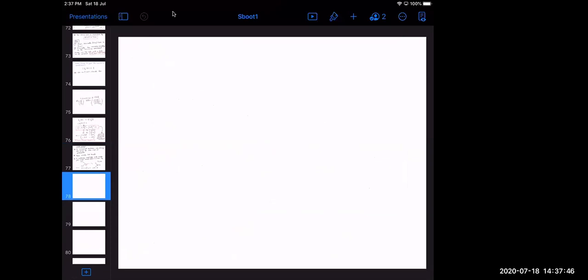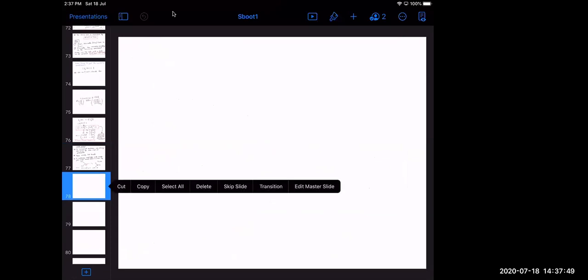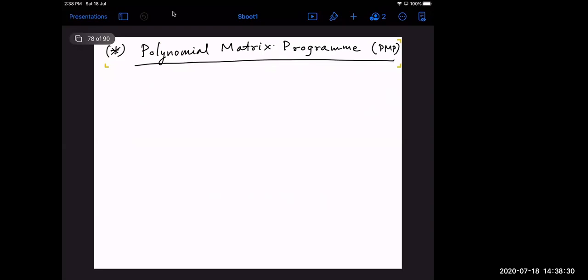So what kind of optimization problem? This optimization problem is of a special kind, which is known as a polynomial matrix program, or PMP. Let me try to define what a PMP is.